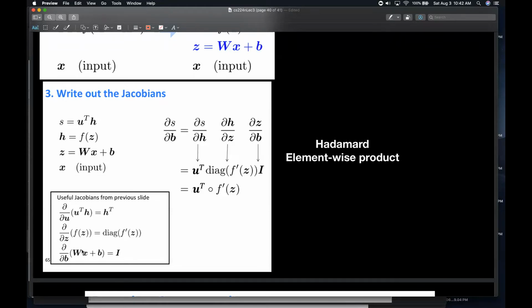But then again, because of the shape convention, you want your gradient to be of the shape of what this would be, and the shape of this is basically the shape of W times x. So your identity is going to be the shape of W times x. You put all that together, you get u transpose, diagonal of f dash of z, into I. This is nothing but multiplying by identity, so it gives you back diagonal f dash of z.